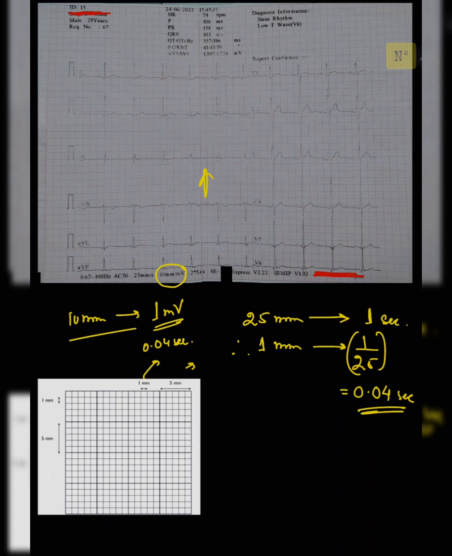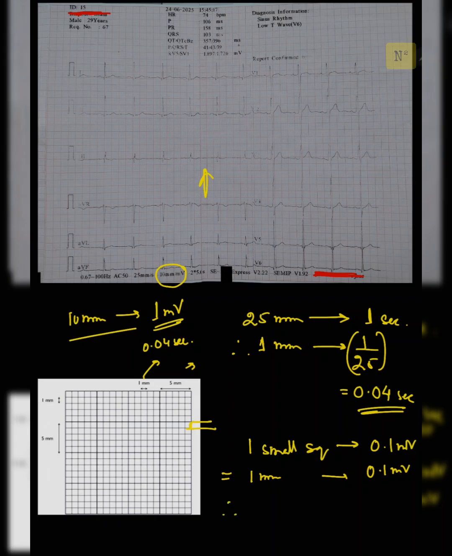So to travel one small square, the volt that is detected in one small square is 0.1 millivolt. One small square is nothing but 1 millimeter. If it travels that, it detects this much volt.